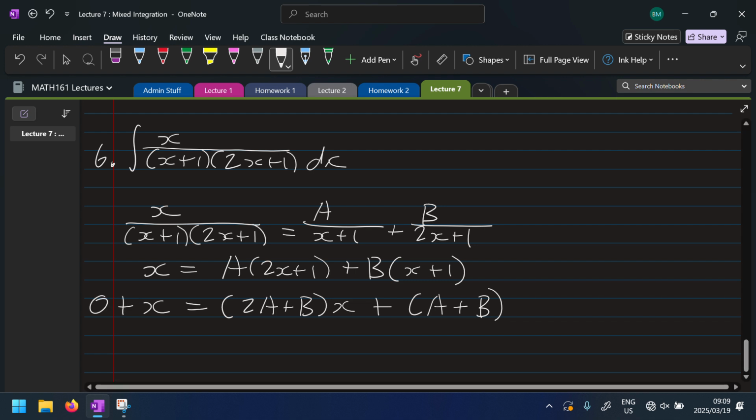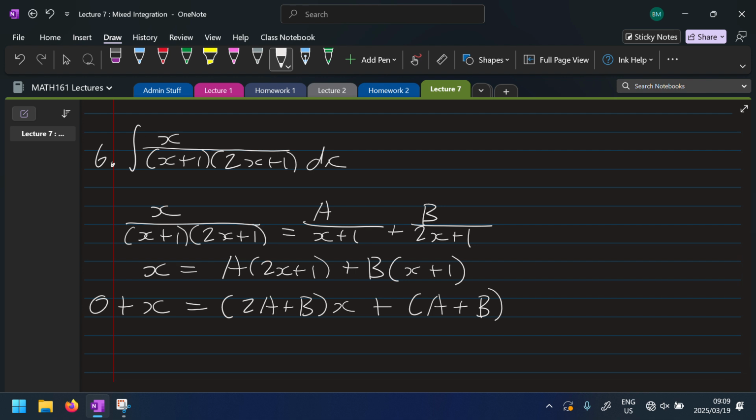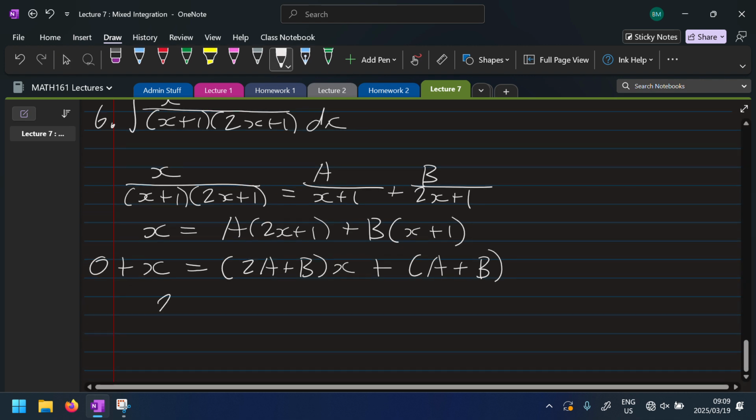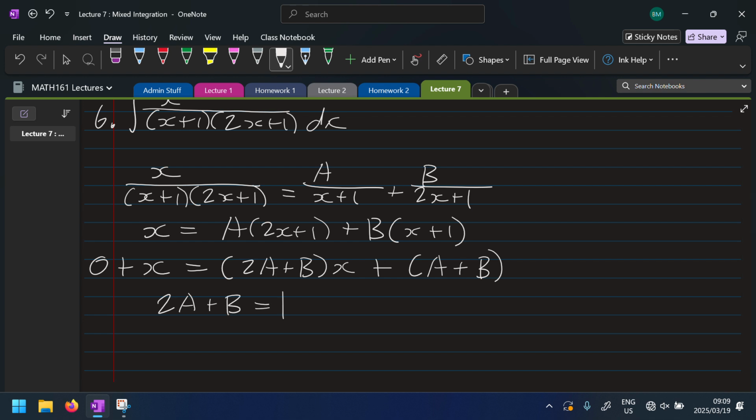Okay, so comparing the x terms, we're going to have equation 1. So there's a 1 here, 2a plus b over there. So that's going to be 2a plus b is 1. And then we've got a 0 here, and a plus b over there. So that's going to be a plus b equals 0.